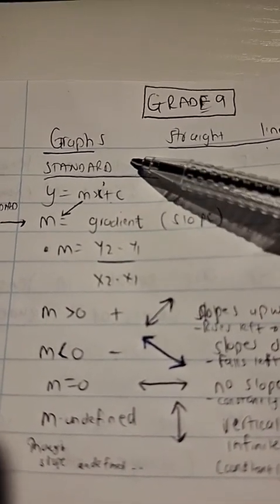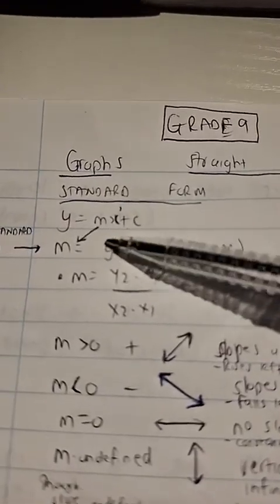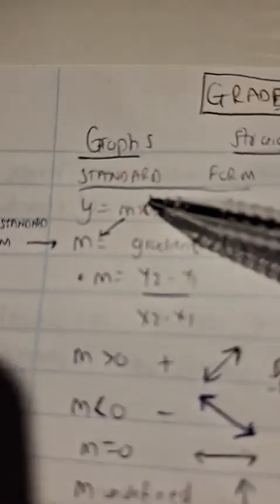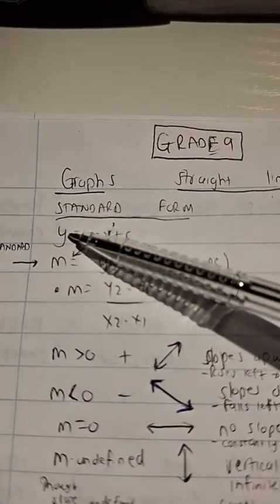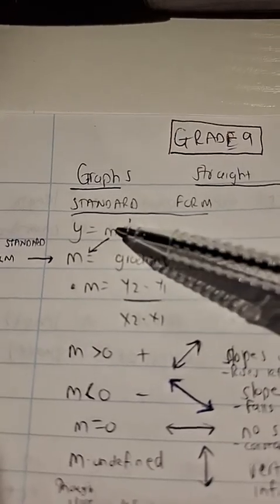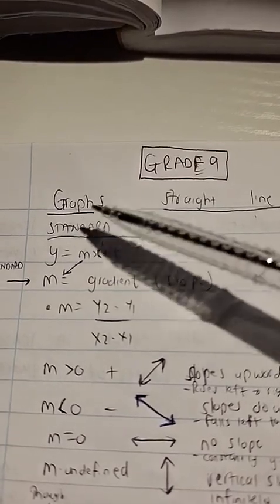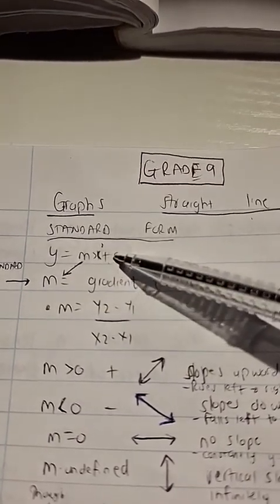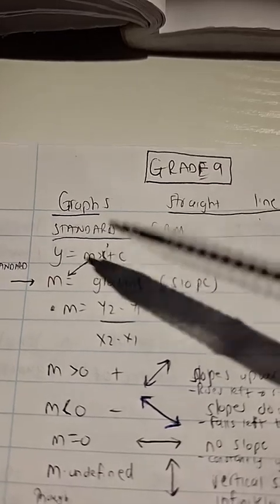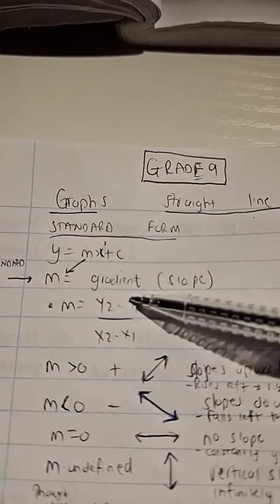So first thing we need to note about a linear or a straight line function is that the general standard form of a linear function is y is equal to mx plus c. Now we need to be able to write our linear function in this form in order to be able to state the gradient.